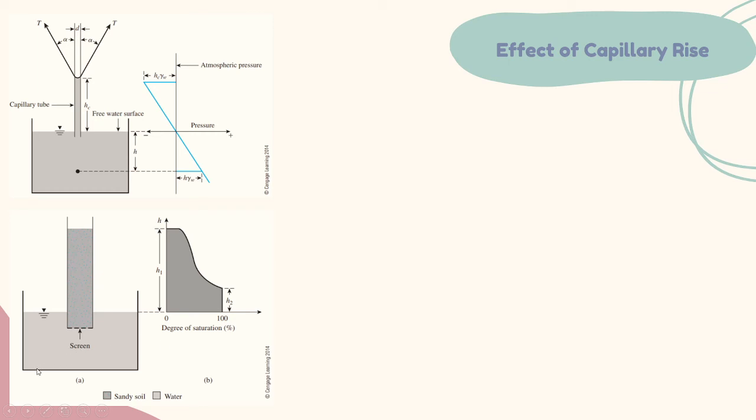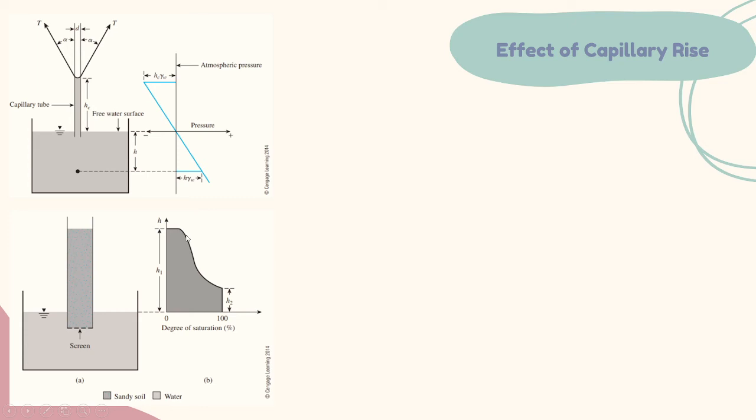And for soils, this is your free water surface. In our cases, that is assumed sometimes as the groundwater table. And then this one is the soil in a tube. So if you put the tube in here, the water level will rise up to this point. So H sub 1 is our height of capillary rise.